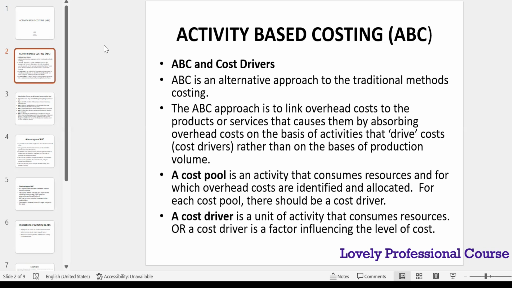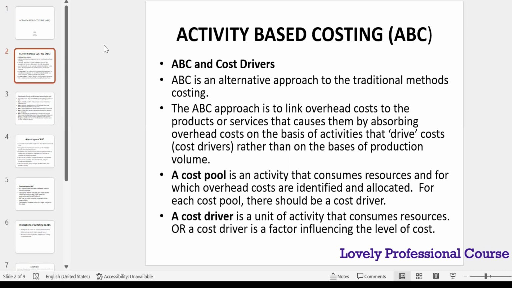So activity-based costing, remember this, is like a guideline. It helps us to account for overhead. It is applied only to the overheads, those overheads that are counted in general.